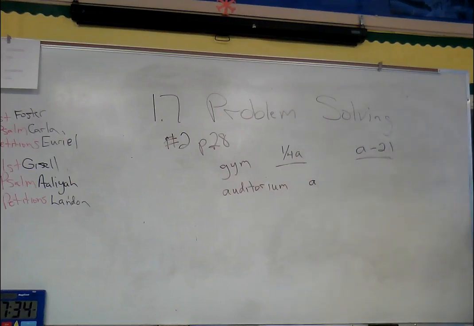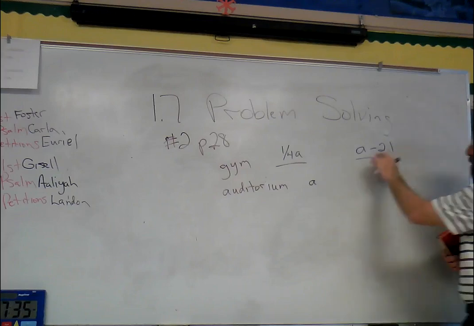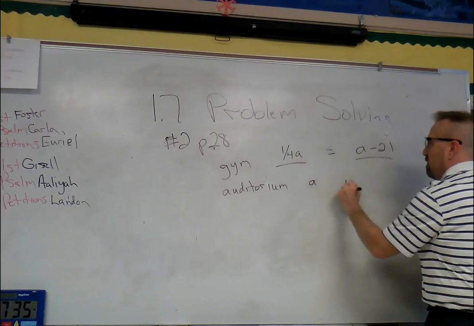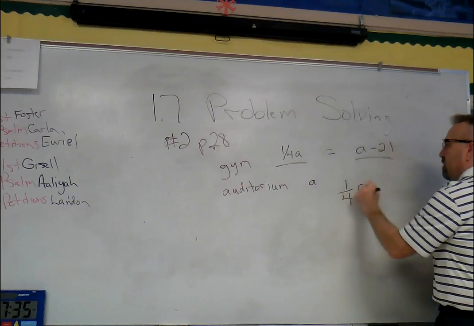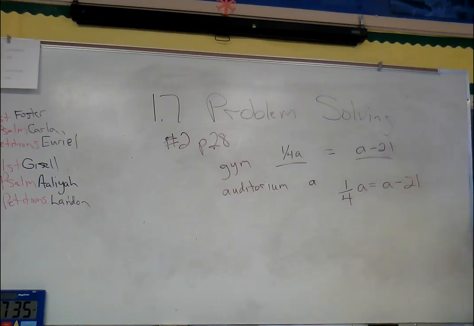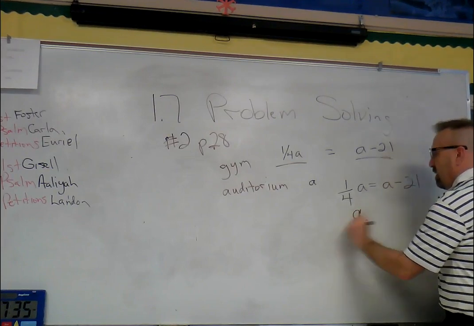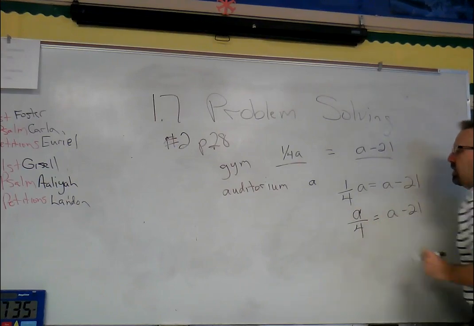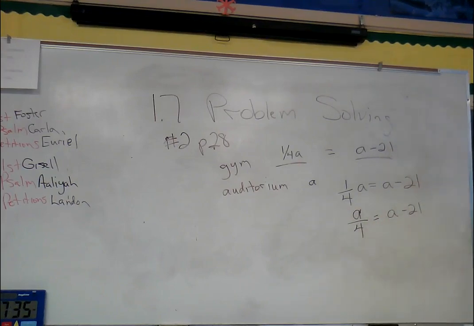The gym's age is the same no matter what, so these two parts are going to be equal to each other. So we now have 1/4 of A, or A divided by 4, equals A minus 21.